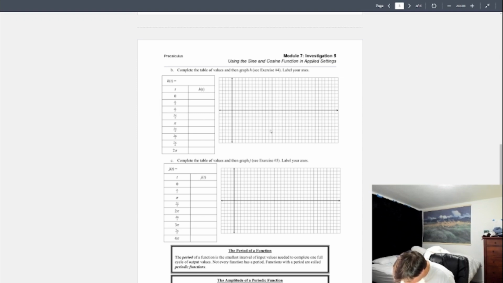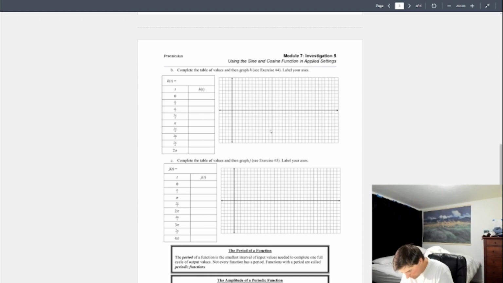What did I do here? 5 pi over 2. Yeah, and there's 3 pi. And there's 5 pi. I did not do this right. 3 pi, and there's 7 pi over 2. And there's 4 pi.